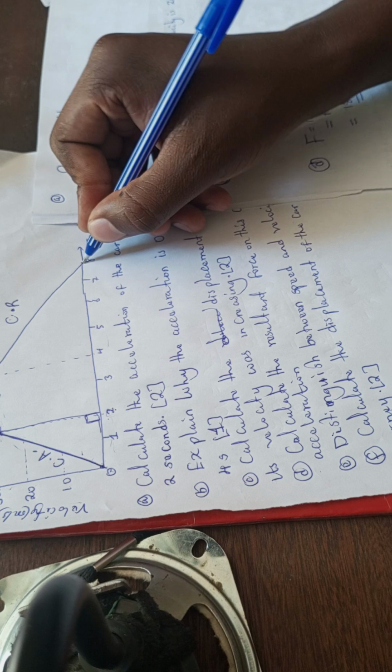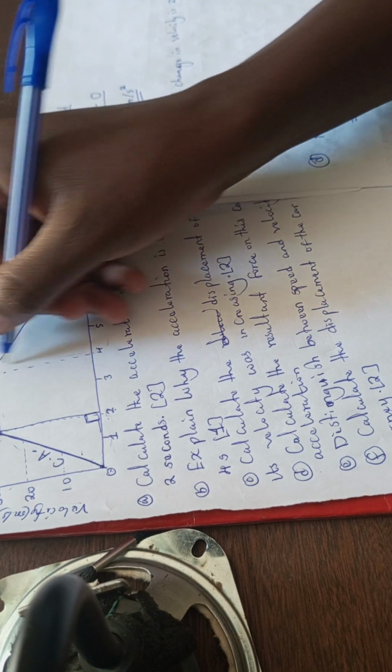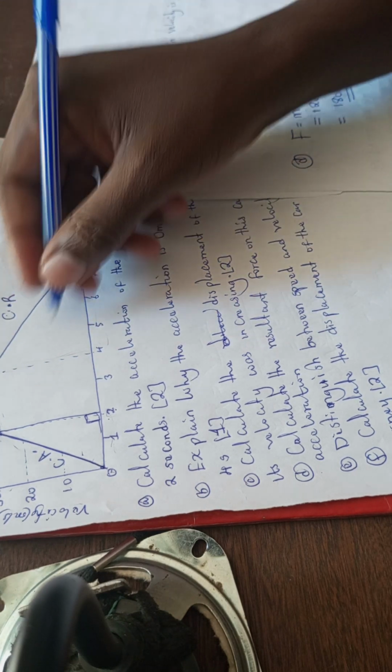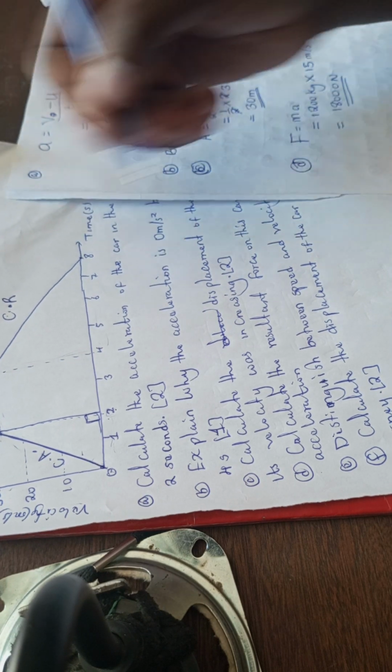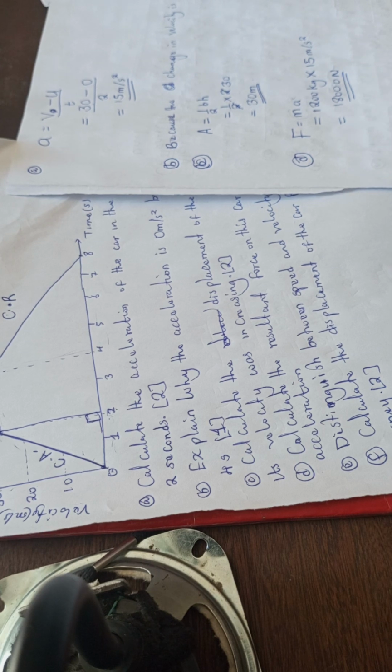If they were to ask such a question, all we need is to calculate the negative acceleration, then multiply by the same mass. You're good to go if they need the amount of force required by applying the brakes. Yes.